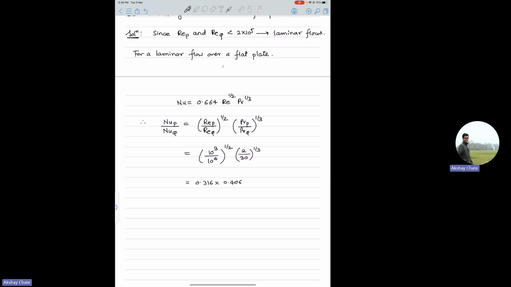You multiply this with 0.316 and you get the final answer, so basically 0.128. So this is your answer.